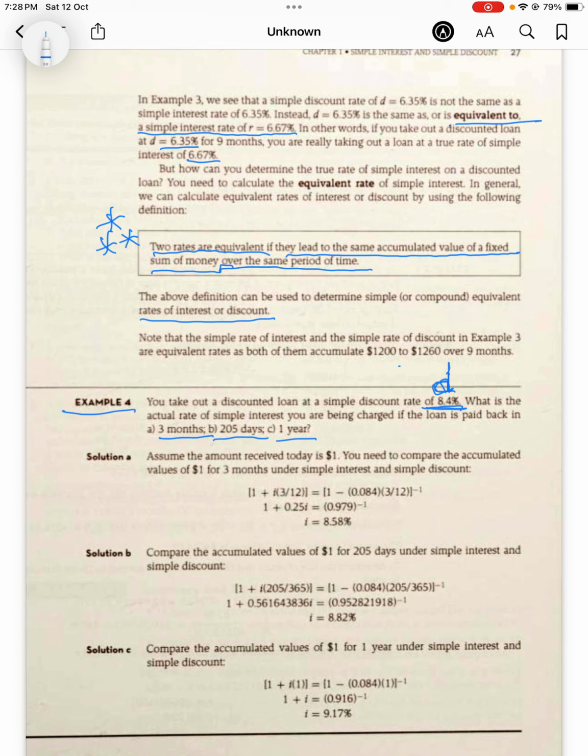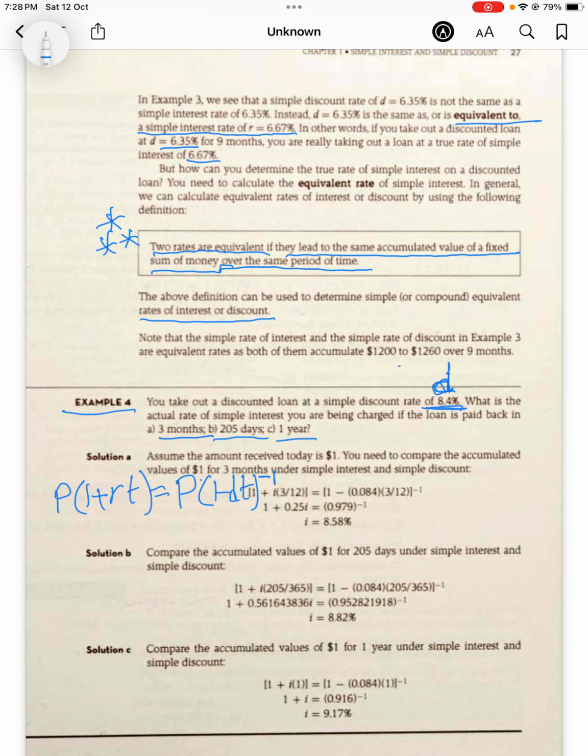You need to compare the accumulated value of $1 for 3 months under simple interest and simple discount. You have here B multiplied by 1 plus RT equal B multiplied by 1 minus dt to the power negative 1.